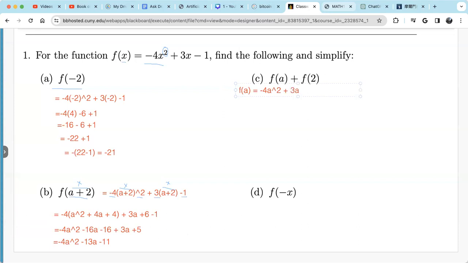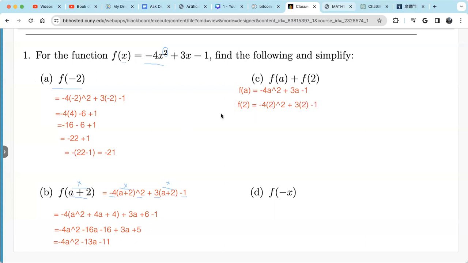So negative 4a squared plus 3a minus 1. Now let's evaluate f of 2. F of 2 equals negative 4 times 2 squared plus 3 times 2 minus 1.